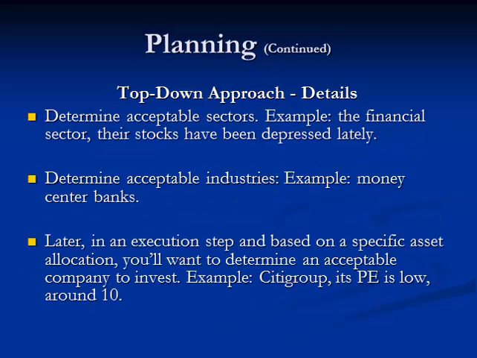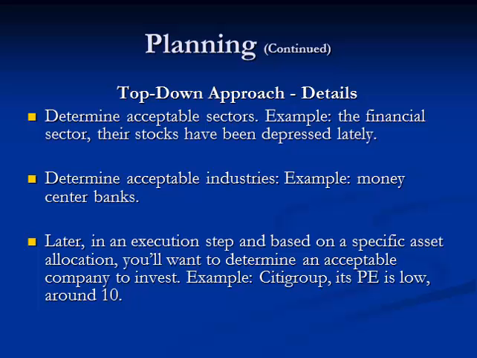Now that you want value stocks and intermediate bonds, you might want to look at acceptable sectors, and maybe you want to look at the financial sector, for example, with stocks. And you think, well, they've been depressed lately. Not really. They've come back at this point. But you don't know where they're going, so do you want to go into the financial sector? Maybe you want to.